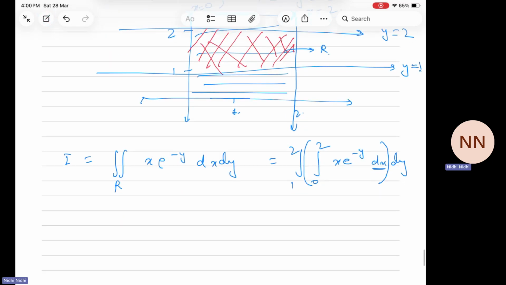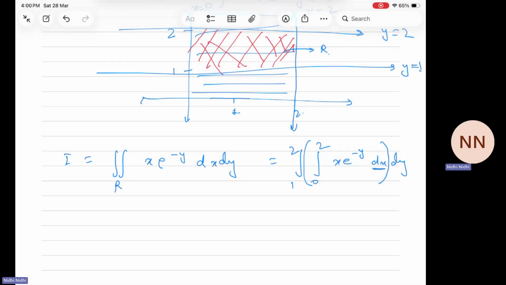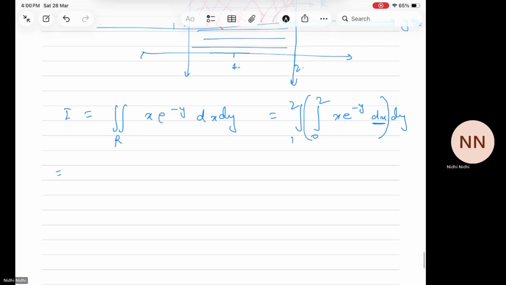Next is to just use our high school mathematics to integrate it. Firstly, we need to integrate this from 0 to 2, x e to the power minus y with respect to x. In this case, e to the power minus y will be treated as a constant, so I can take it outside.